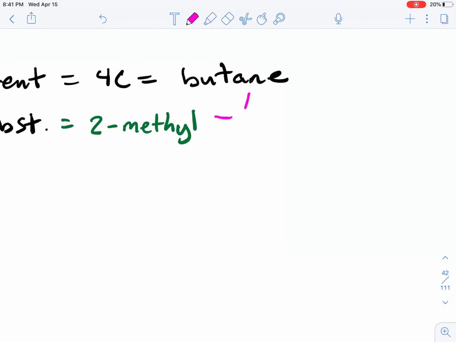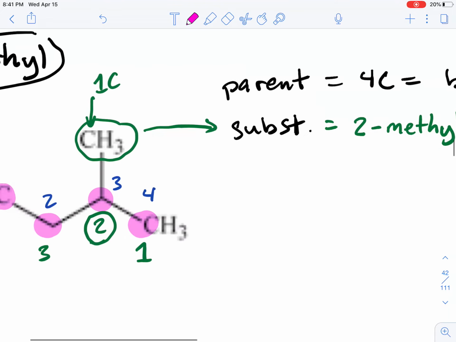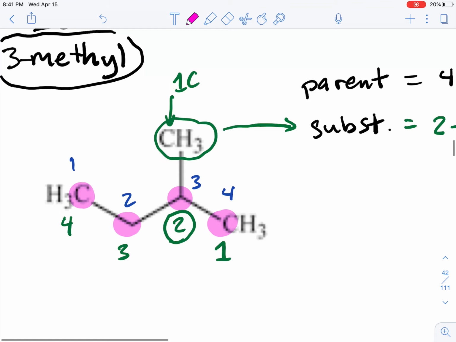So I always want to write my substituent first. So it's going to be 2-methyl. And I'm putting the dash once again to separate the number from the letter. That always needs to happen. Now if it's a letter to another letter, then you guys do not have to do that, and everything is just one word. So the answer to this is 2-methylbutane.